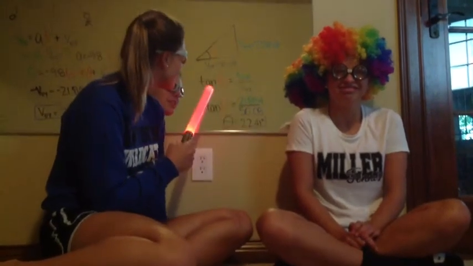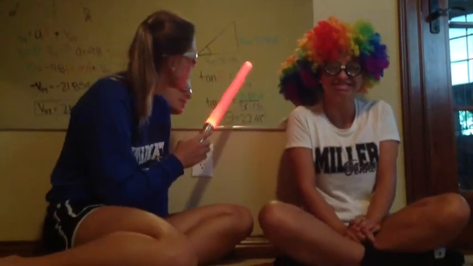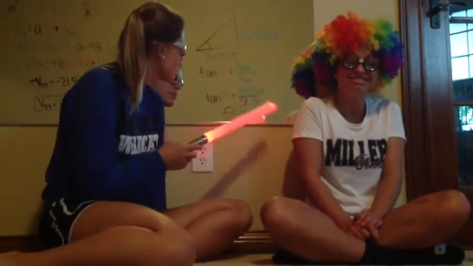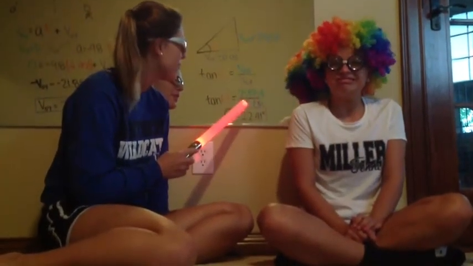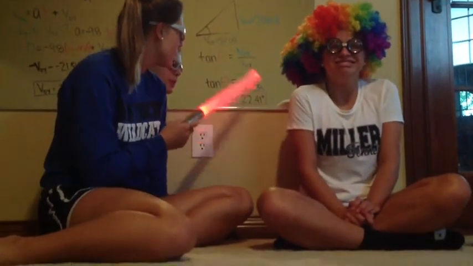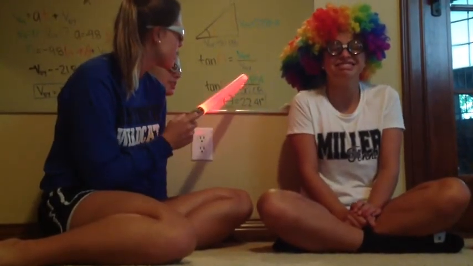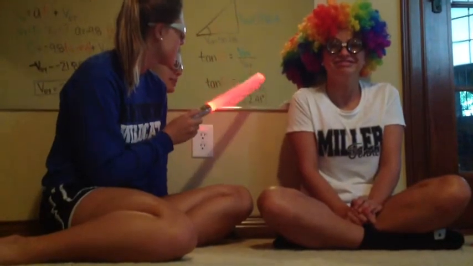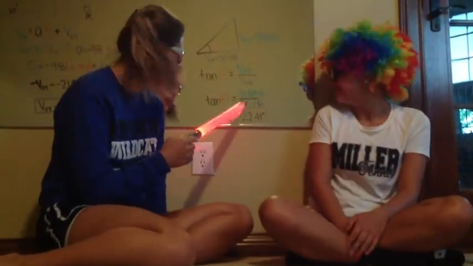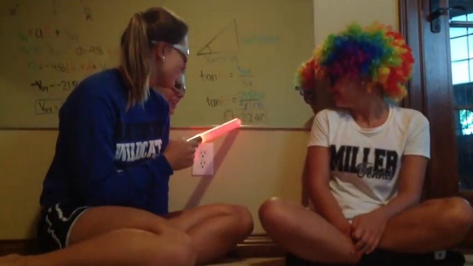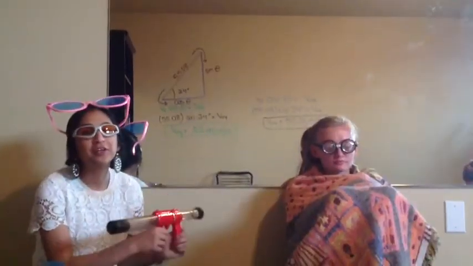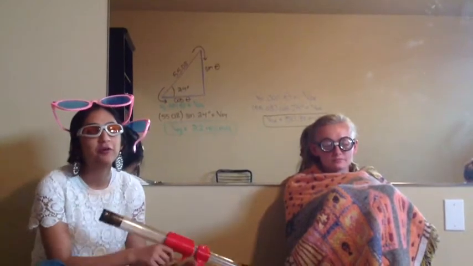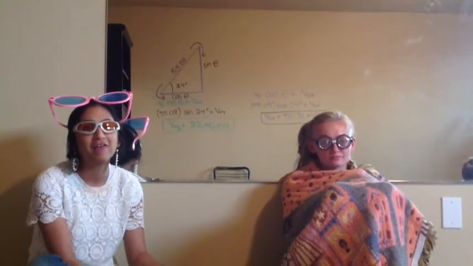If you plug those into the equation, tan theta equals v naught y over v naught x, so tan theta equals 21.854 over 50.08. When you plug that in, you take the inverse tangent of this fraction, and you get theta to be 22.41 degrees.